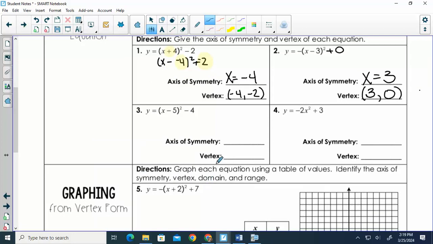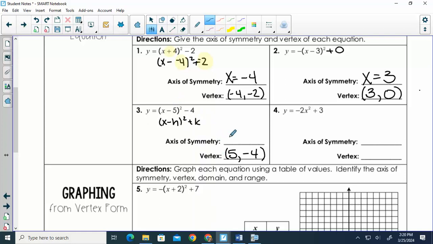All right, number 3. What's my vertex? Positive 5, and the y would be? Negative 4, because the formula is x minus h and a plus k.